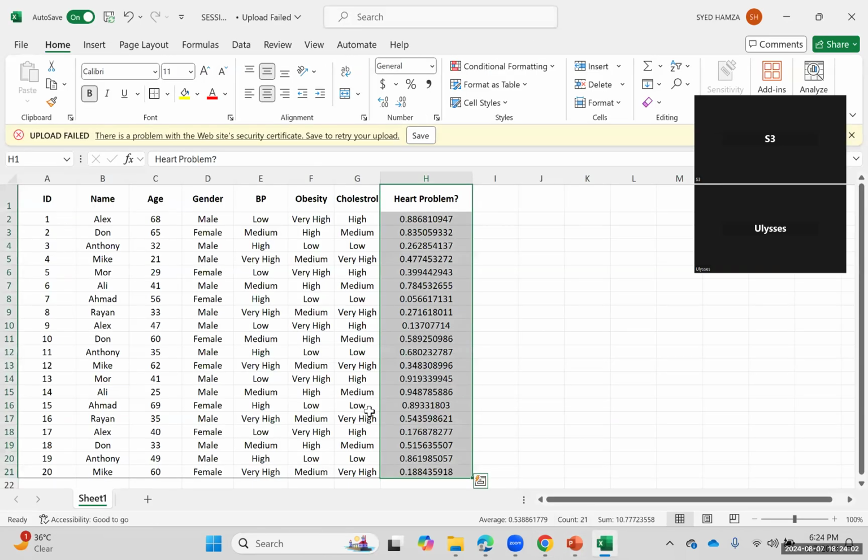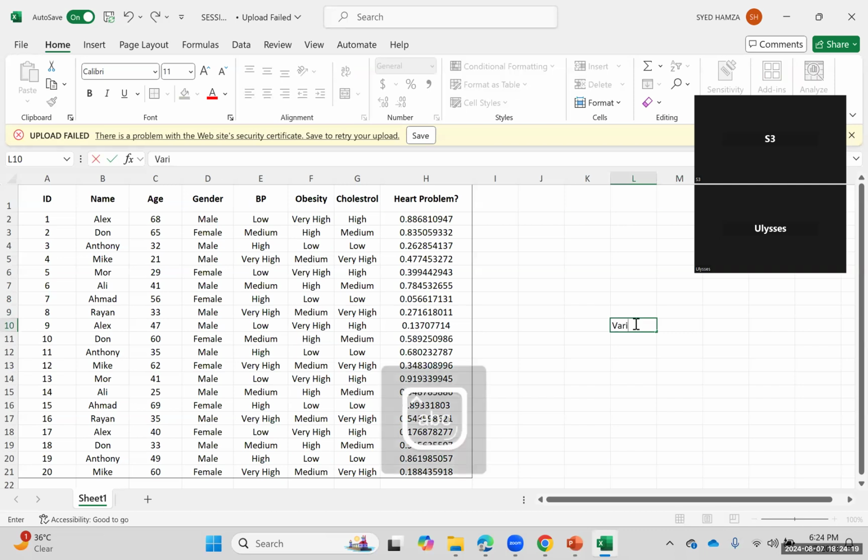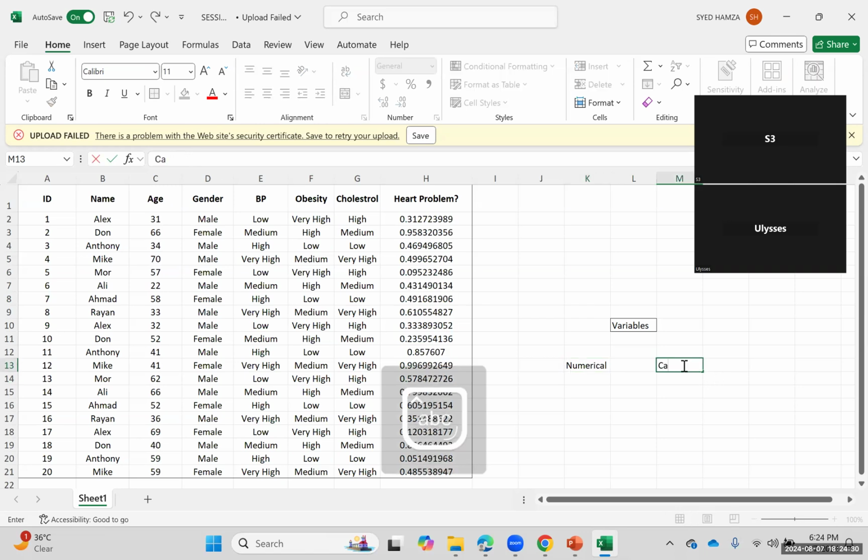All right, so let's get back to the example we were discussing earlier. If you have these columns in your data where you have name, age, gender, so we already know that we have a couple of variables. These variables have two types. We call them numerical and categorical.